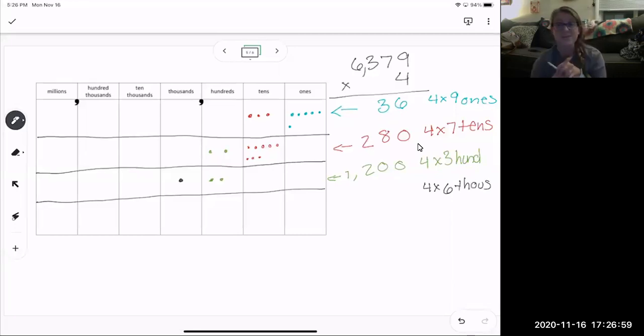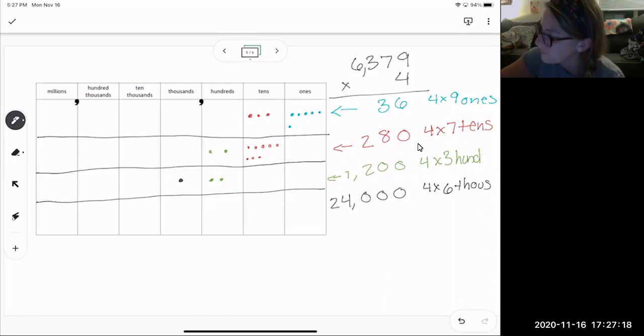Okay, so 4 times 6 is 24. Okay, and then we have 24 thousands. So how do we write 24 thousands? Well, that's easy because 24 thousands is just 24,000. So let's see, 2, 4, comma, 0, 0, 0.